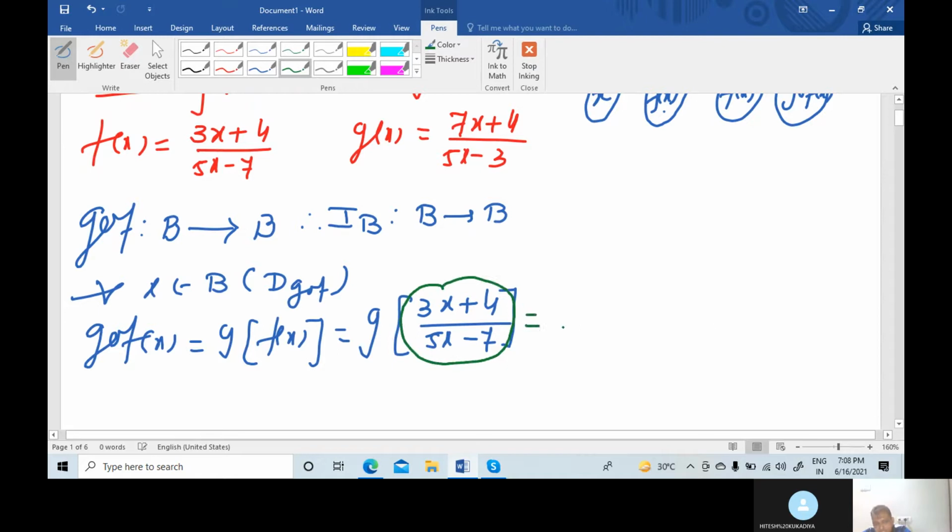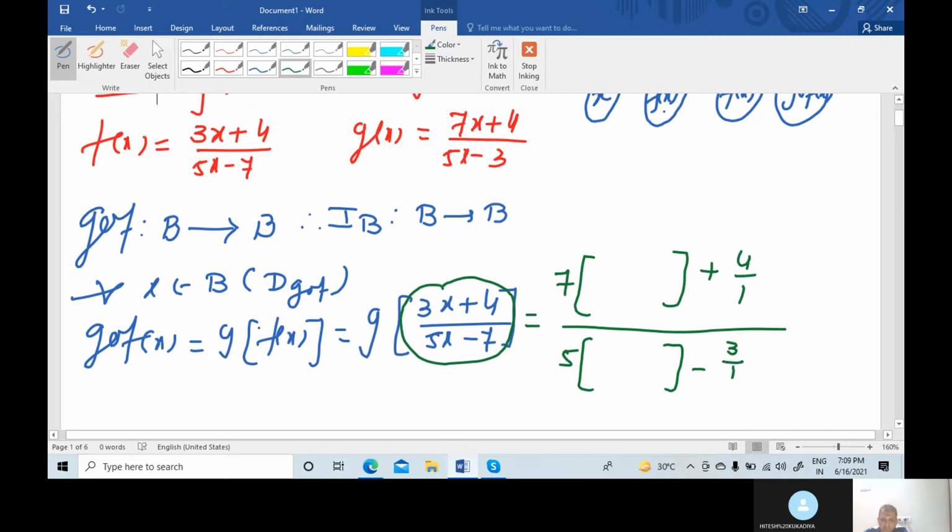G(x) is (7x + 4) in the numerator and (5x - 3) in the denominator. Now put here this value, (3x + 4) upon (5x - 7).